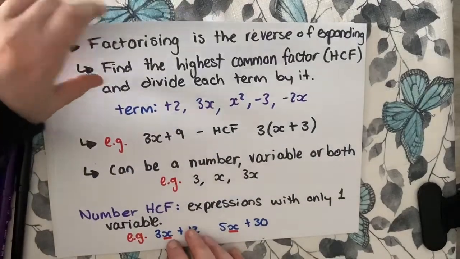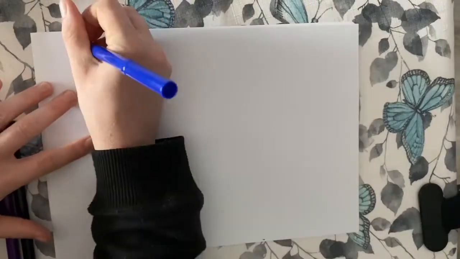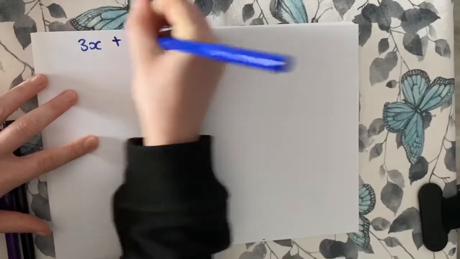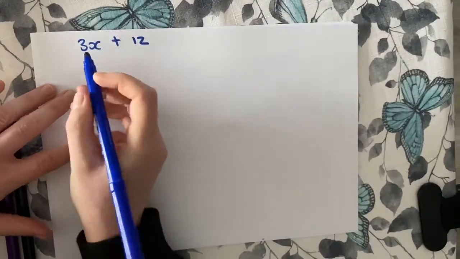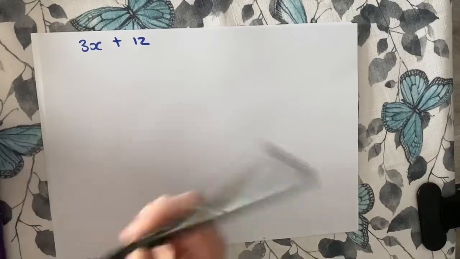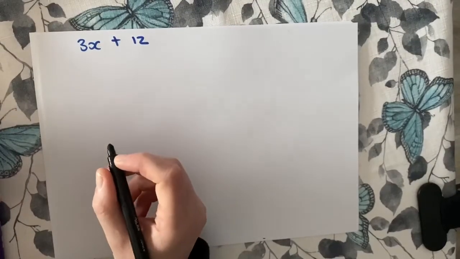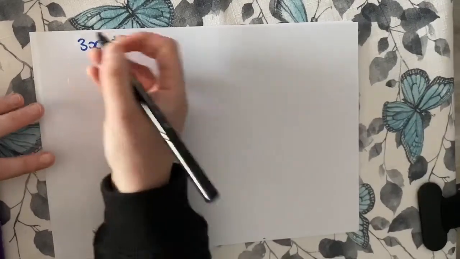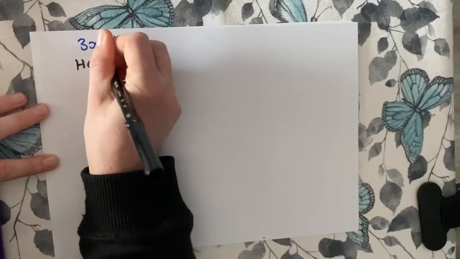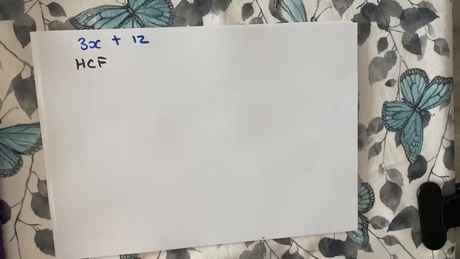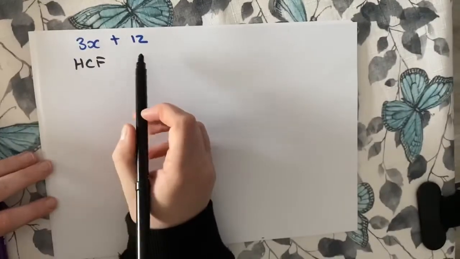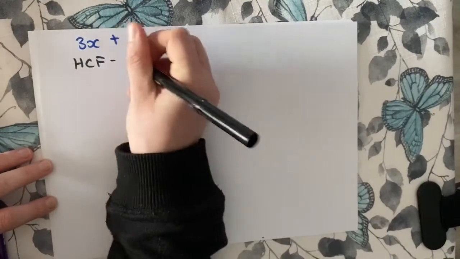So if I were to factorise my 3x plus 12, I would look and go, my highest common factor is going to be 3. The reason I know it'll be 3 is because I can divide 3 evenly into both of these.